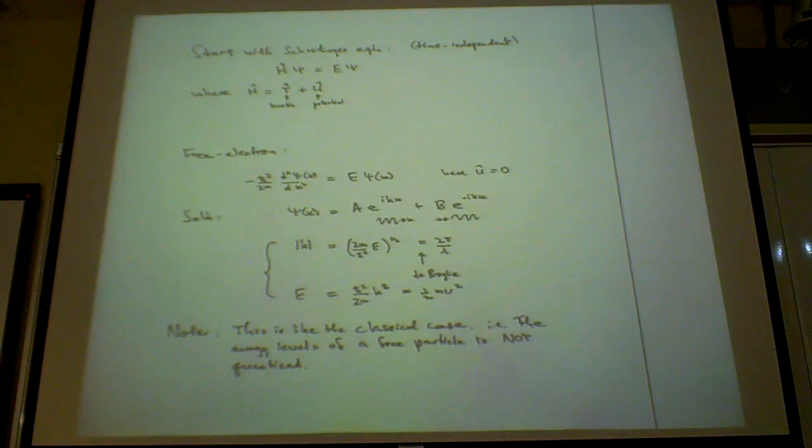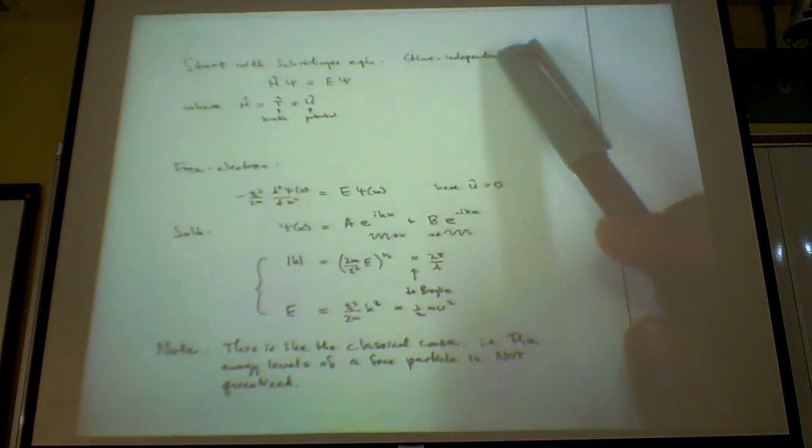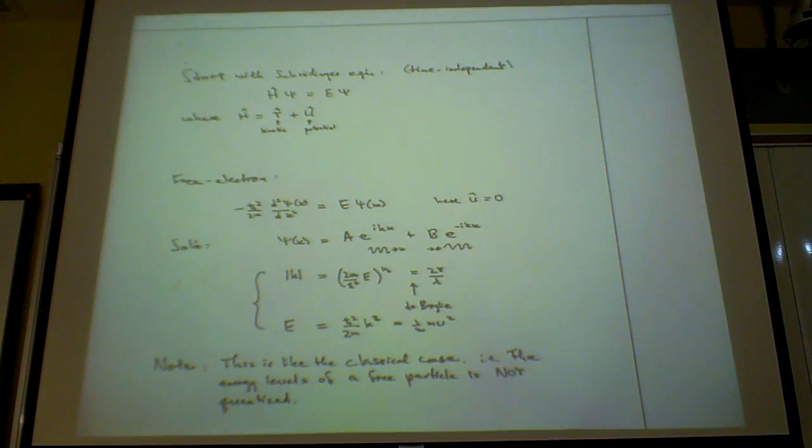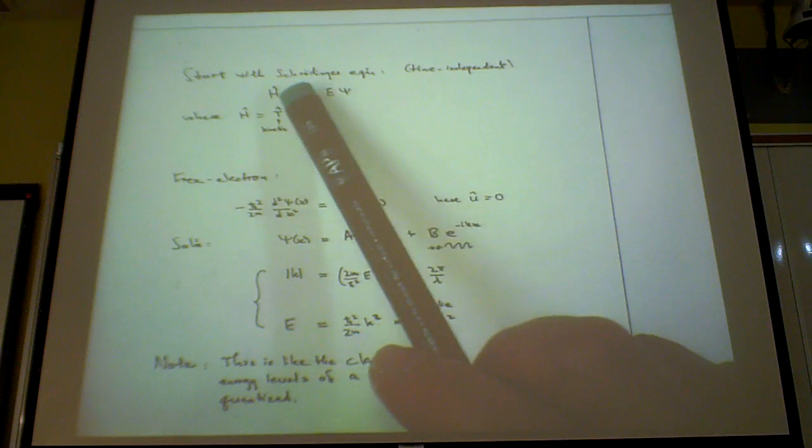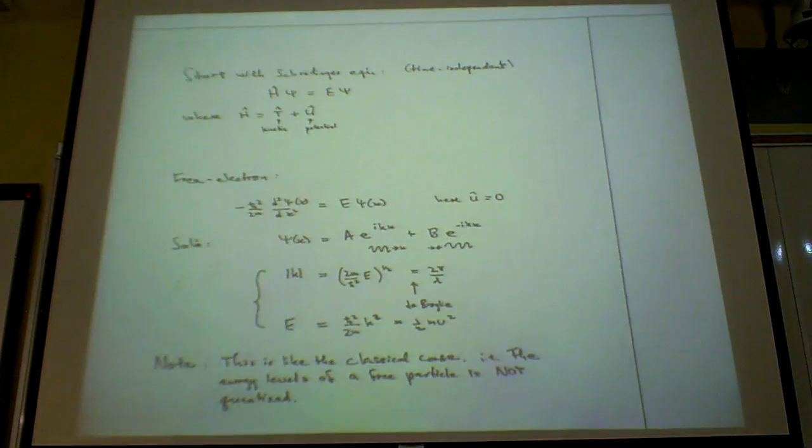So we start, as with most quantum mechanics, with the Schrödinger equation that we learned in the first year course, the time-independent Schrödinger equation, which is very simple, just a differential equation. You have an operator operating on a wave function, and then you have energy, which is a constant, times the wave function.